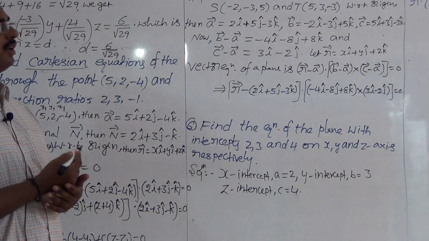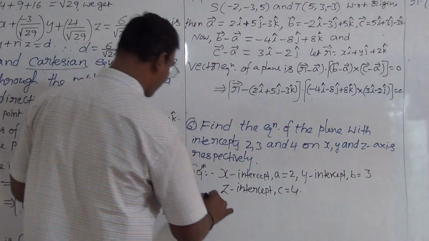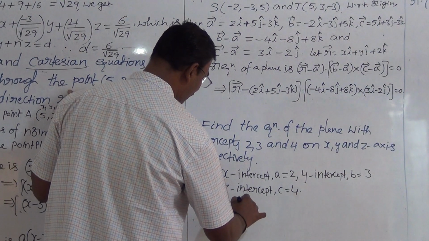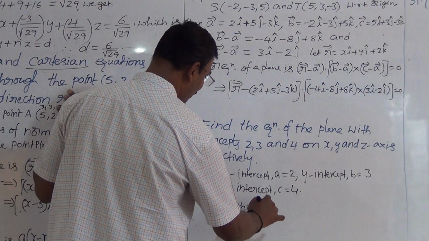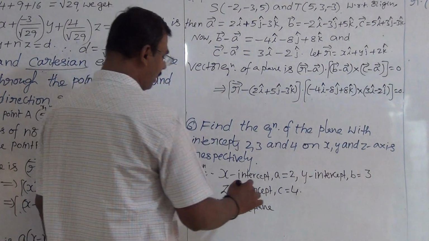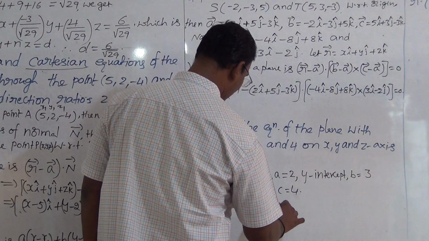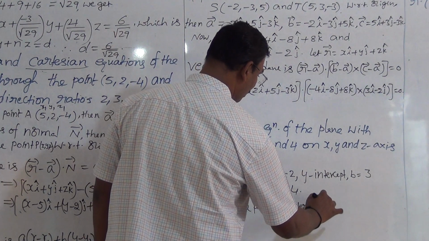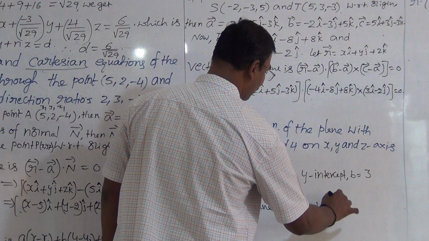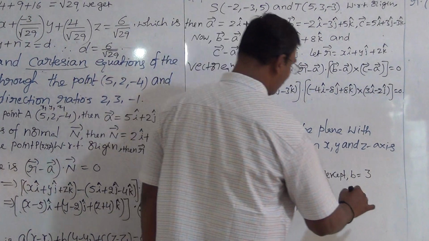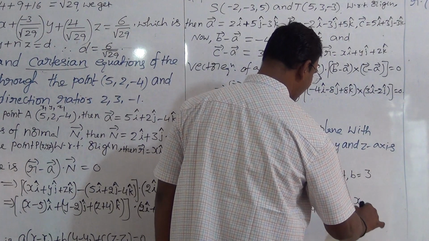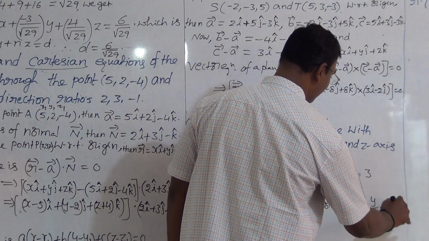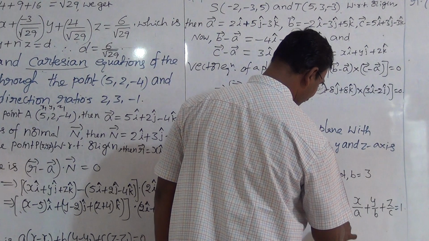We know the equation of the plane in intercept form. Very, very important for 1 mark. The equation of the plane in intercept form, remember, is x upon a plus y upon b plus z upon c is equal to 1.